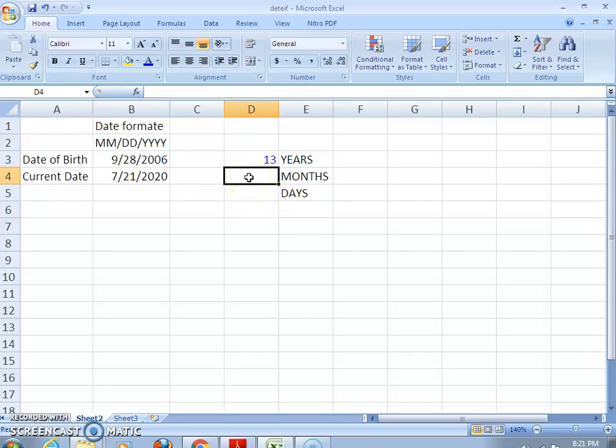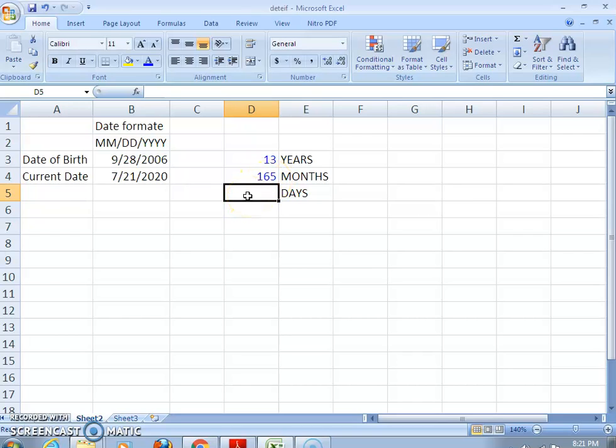If you want to calculate the number of months, what will you use? You will use DATEDIF, date of birth, current date, and then you will use m. See the results: between these two dates there are 165 months.